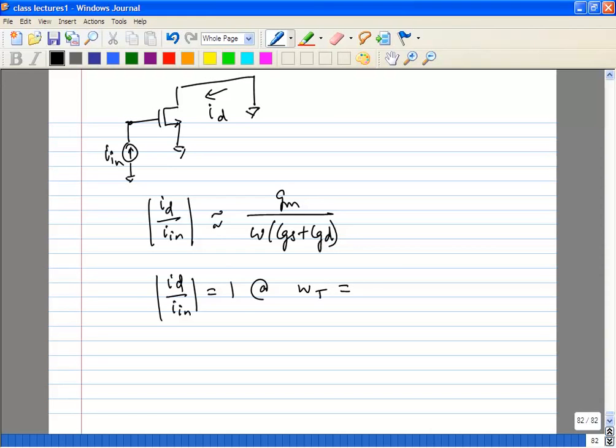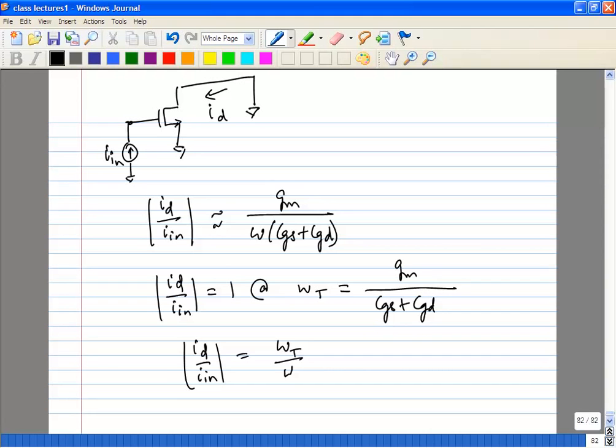So if you set this to 1, you get omega t is Gm over (CGS plus CGD). So therefore, now you can write ID over In at any frequency as nothing but omega t over omega. Is that clear?